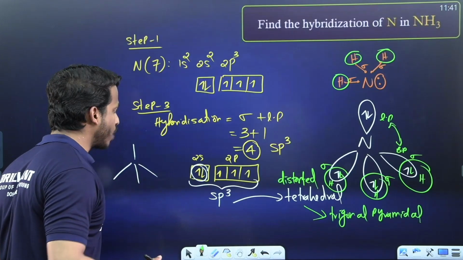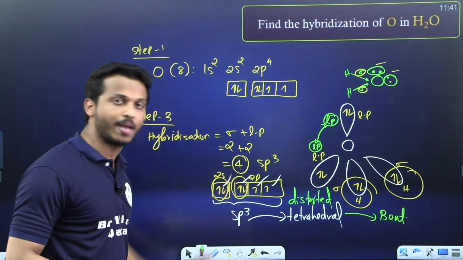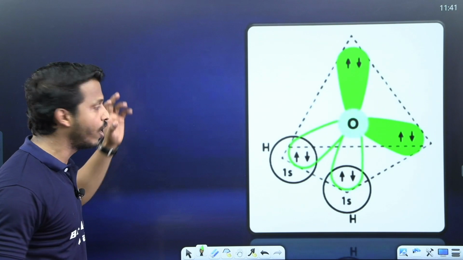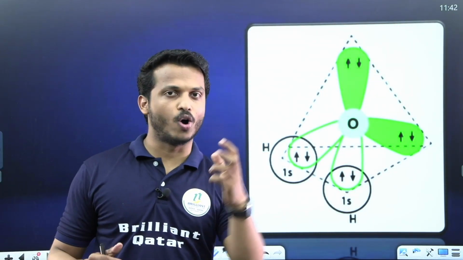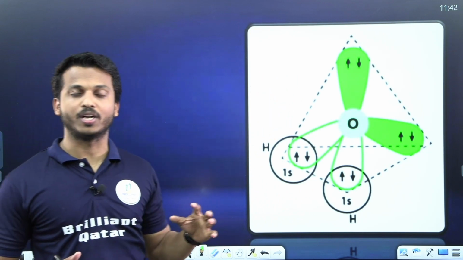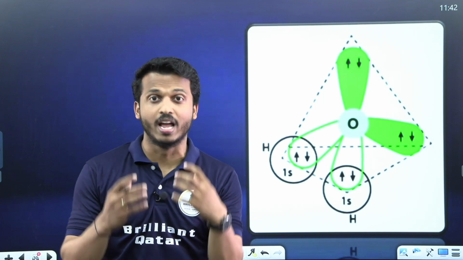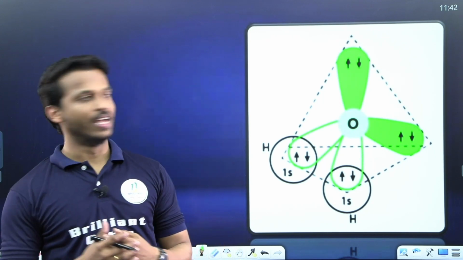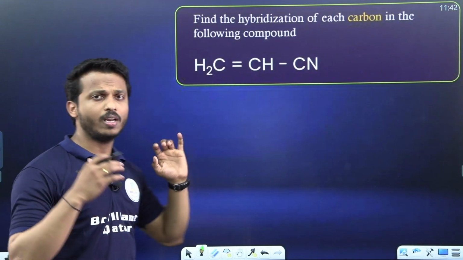Whereas in water also you get sp3 hybridization and it's actually tetrahedral, but it comes to bent shape due to the lone pair repulsion. So ammonia and water are also known as distorted tetrahedral.